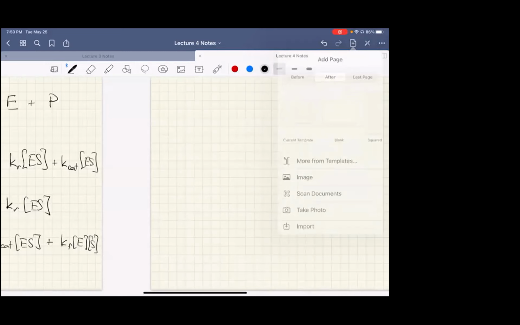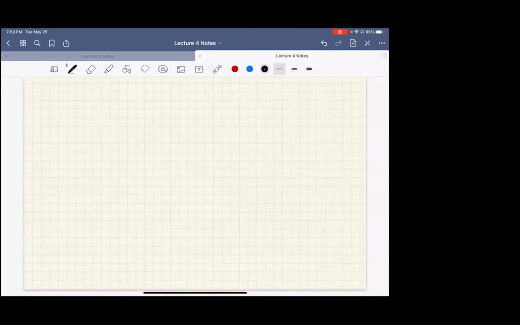So it turns out the way to solve this set of equations is to assume steady state. So we'll assume that this part of the reaction is in steady state.